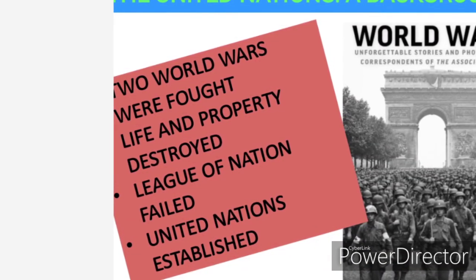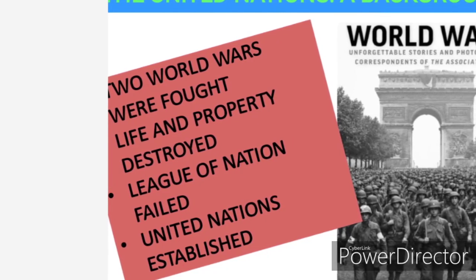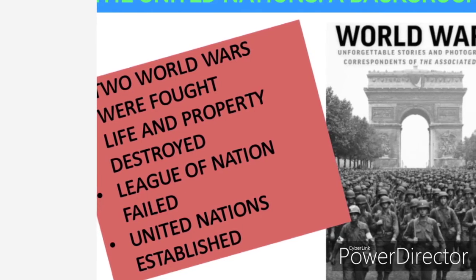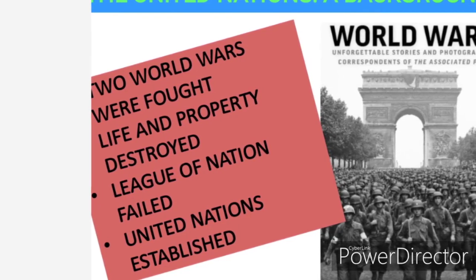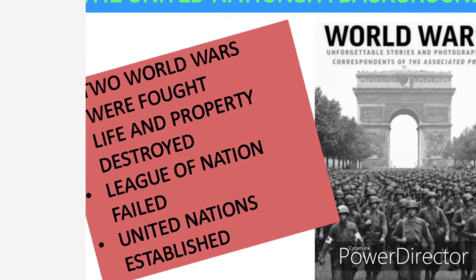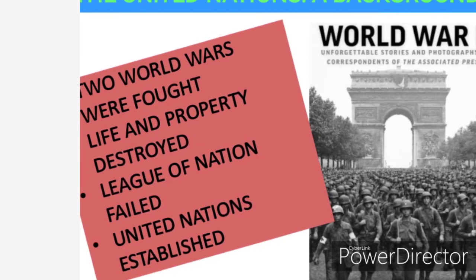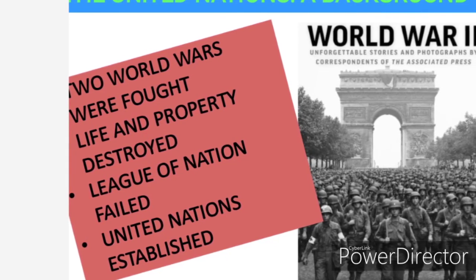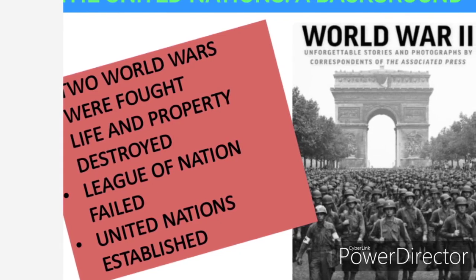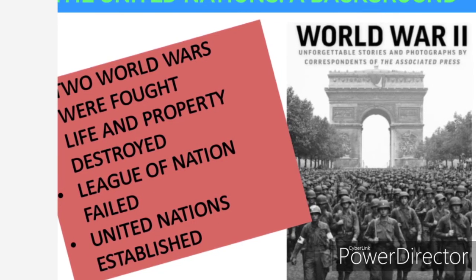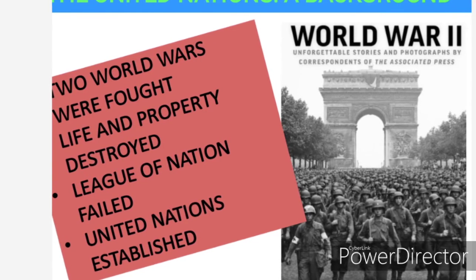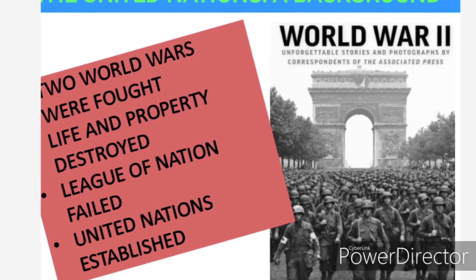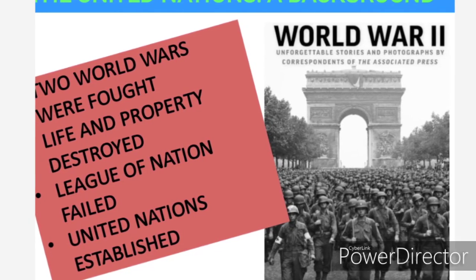Two world wars were fought at the start of the 20th century. Life and property were destroyed on a large scale in these wars. As a result, the League of Nations was established after the First World War, and the United Nations was established after the Second World War out of a realization that there has to be a mechanism to establish world peace.